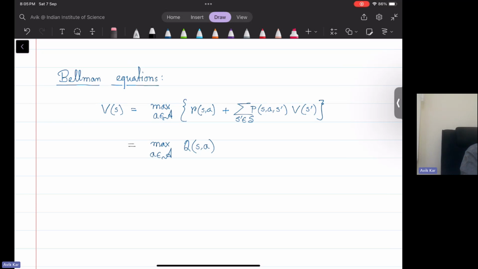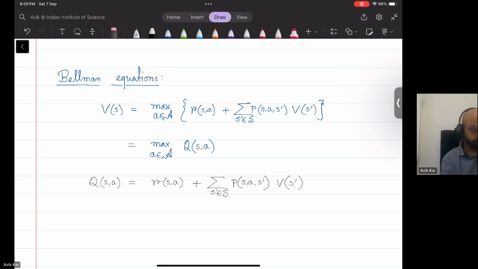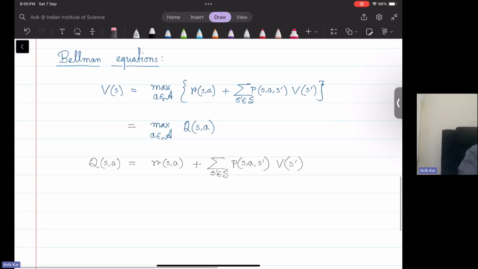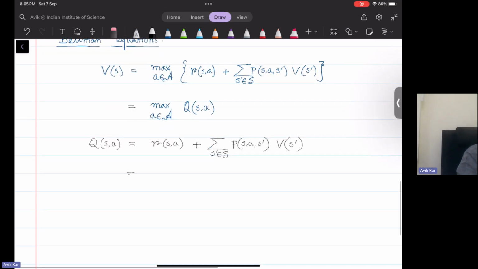So Q of x, a is the reward r of x, a plus gamma times the expectation of V. And now, can we write V as well in terms of Q? Of course, we can.